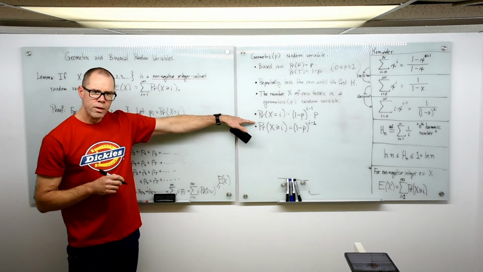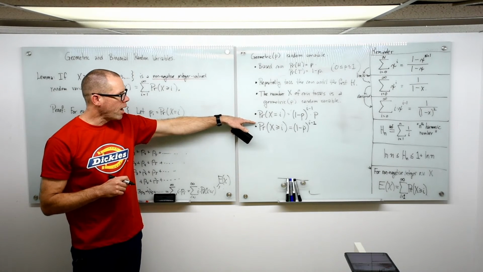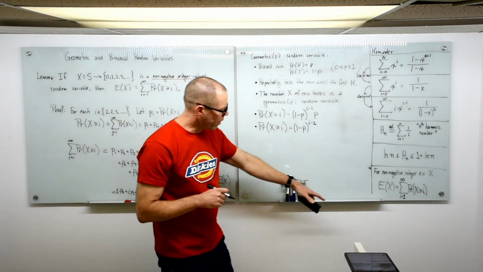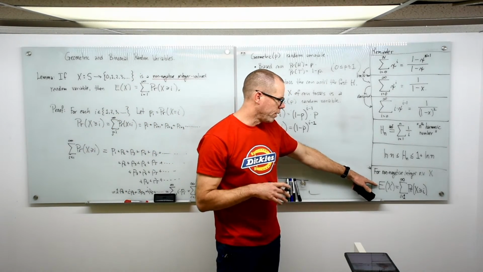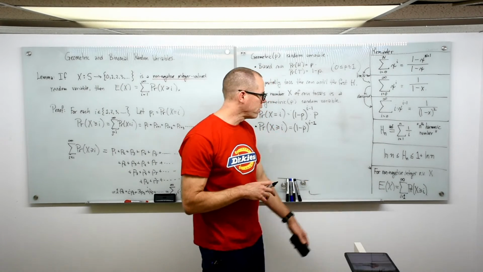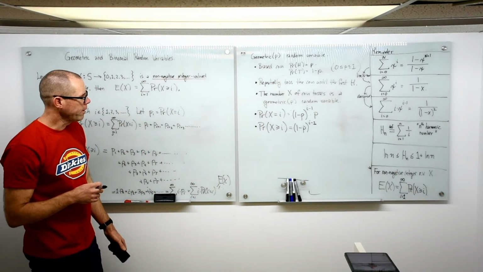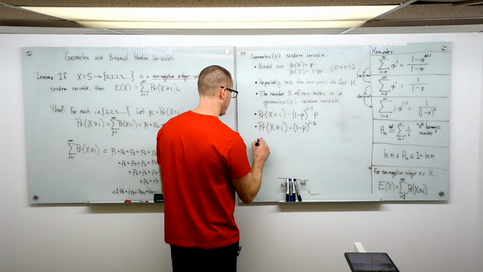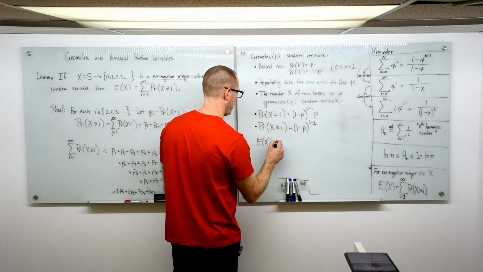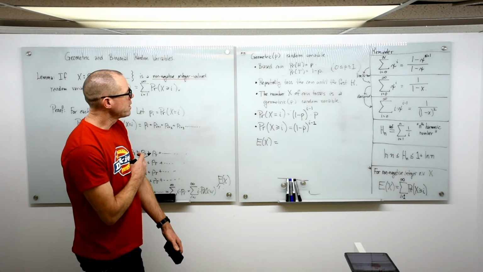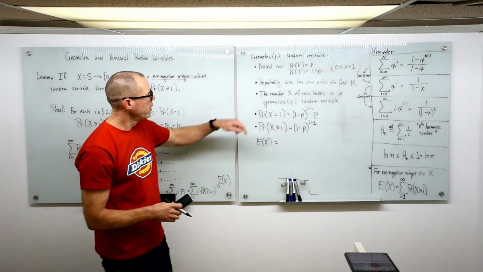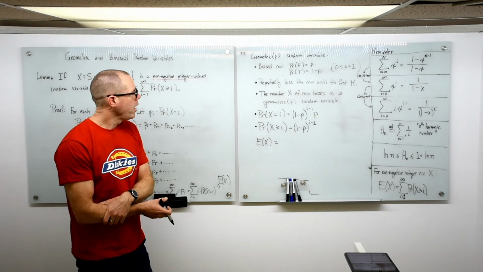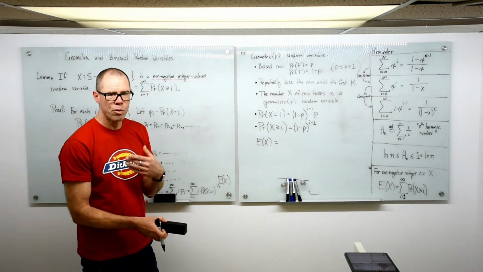And why was I interested in this probability that x is bigger than or equal to i? Well, I want to know the expected value of x, and we just saw that you can compute the expected value of x if you know this probability. So let's use that. So the expected value of x, let's check. Is x a non-negative random variable, integer valued? Yes, it's integer valued because it counts the number of coin tosses. And it's non-negative because you have to make at least one coin toss.